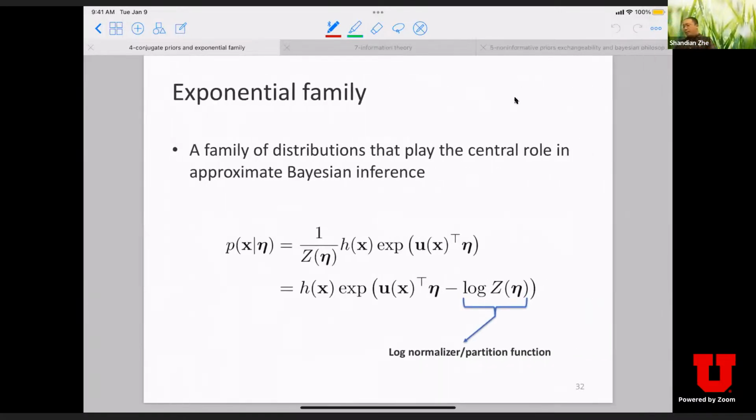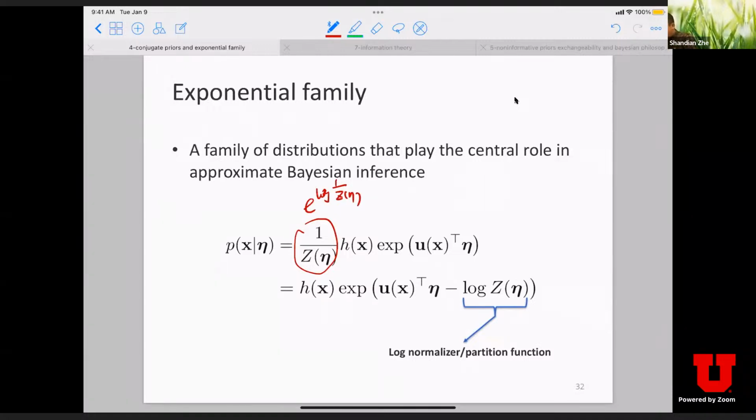So there is another commonly used form. Why should I explicitly write down a denominator? Why not just put my normalizer into the exponential term as well? So I can take this term as e to the logarithm of 1 over Z of eta, so that I can merge the exponents together.